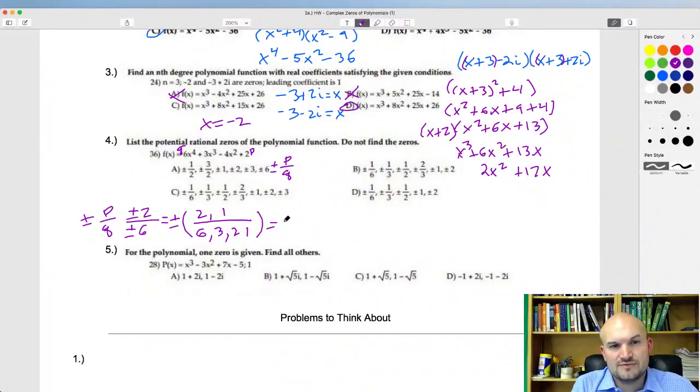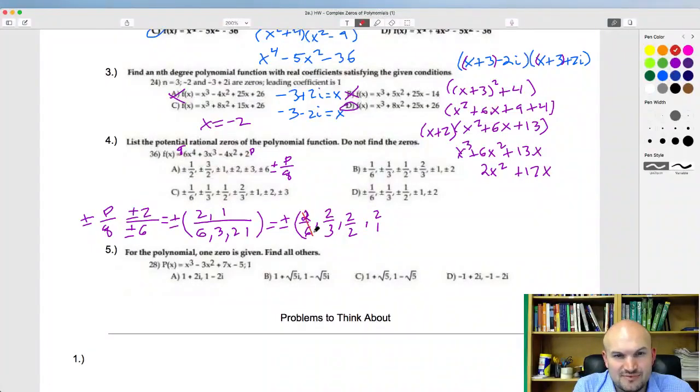So plus or minus, it's basically 2 over 6, 2 over 3, 2 over 2, 2 over 1. Now, you guys can see that these simplify out, right? So you can see this simplifies to 1/3. This simplifies to 1. That simplifies to 2, right? And so on and so forth.